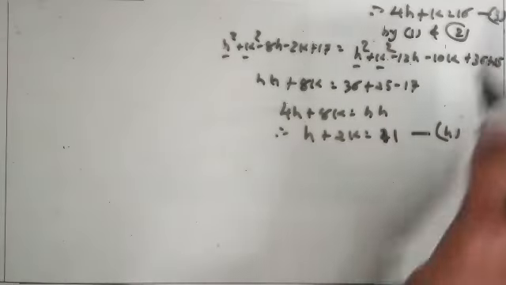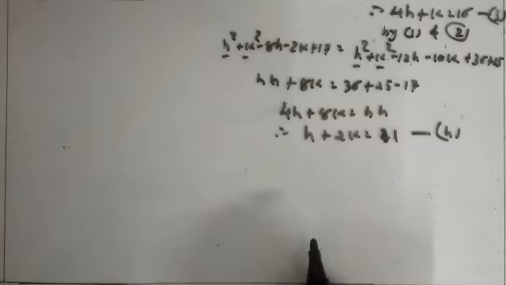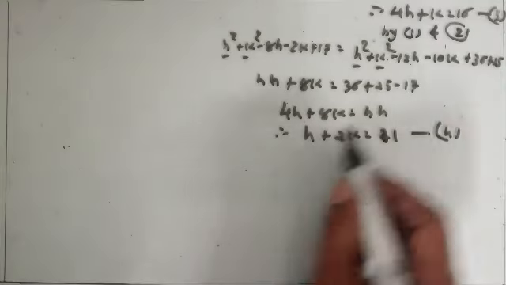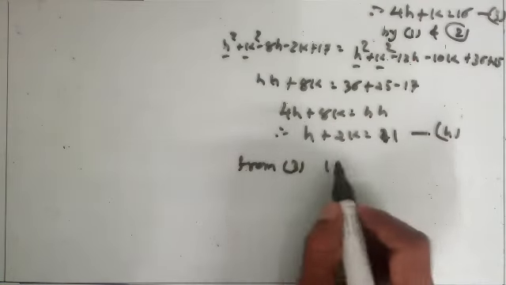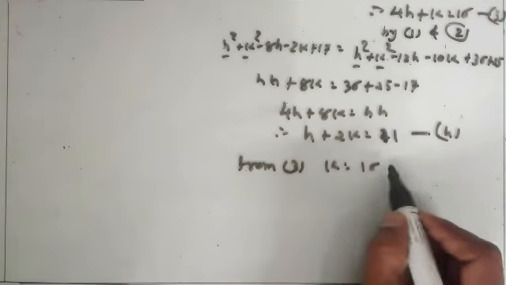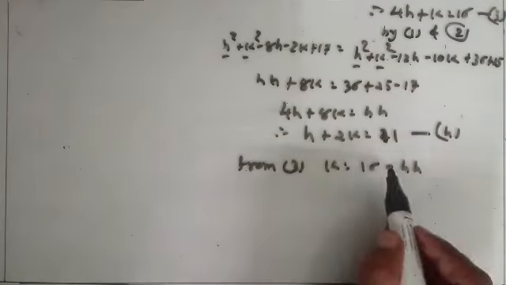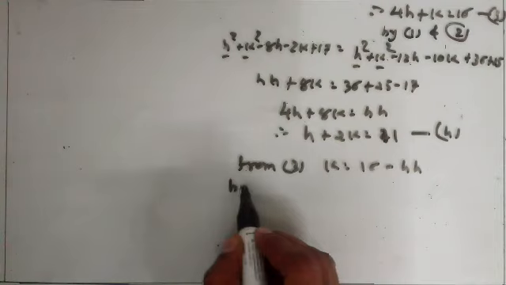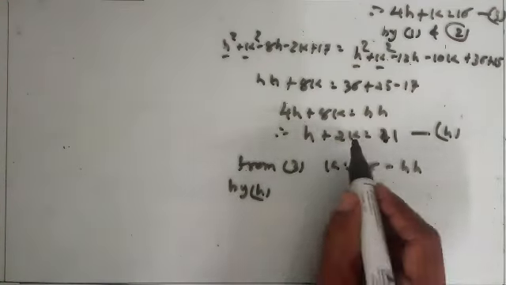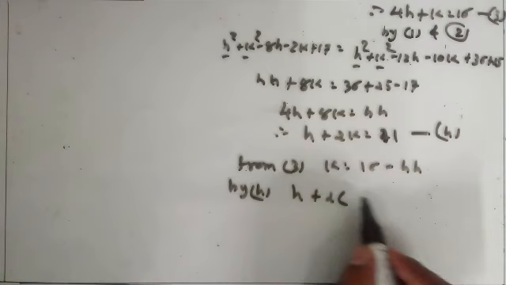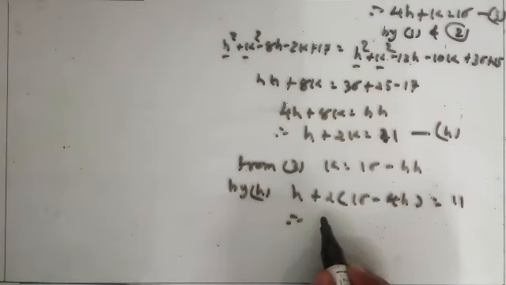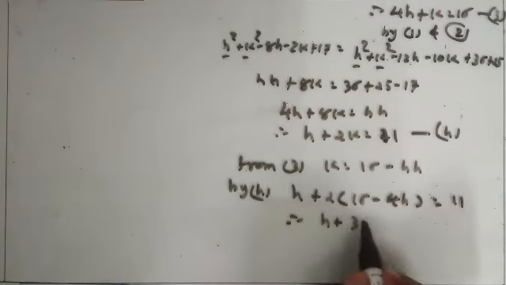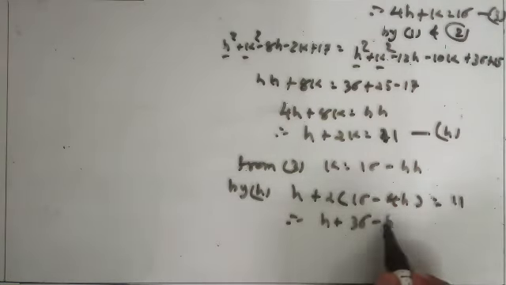Now solve equations 3rd and 4th. From 3rd, k is equal to 16 minus 4h. Replace in the 4th. Here k is equal to 16 minus 4h, so h plus 2 into (16 minus 4h) is equal to 11. Therefore, h plus 32 minus 8h is equal to 11.